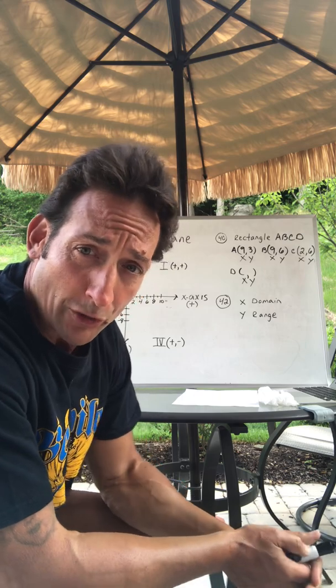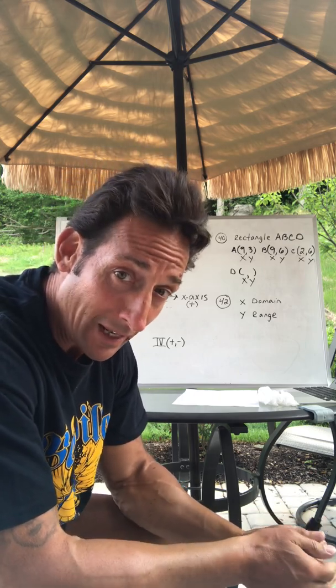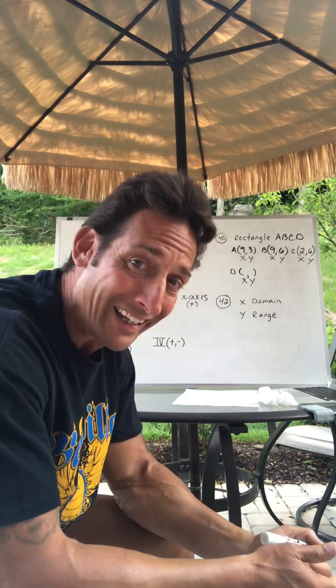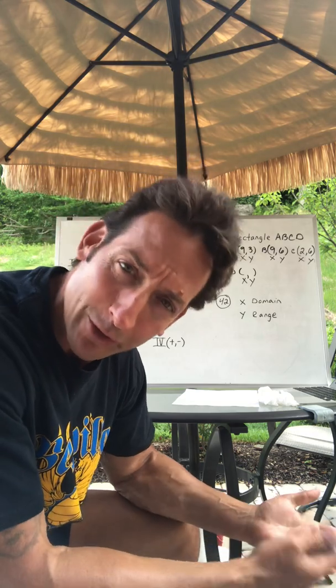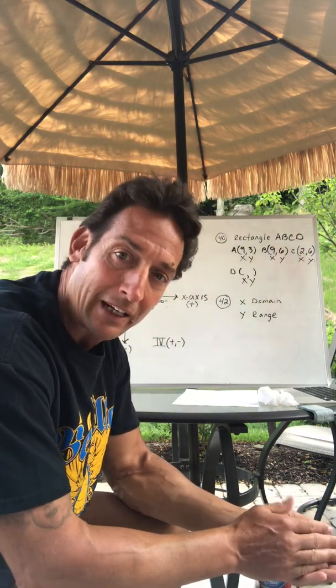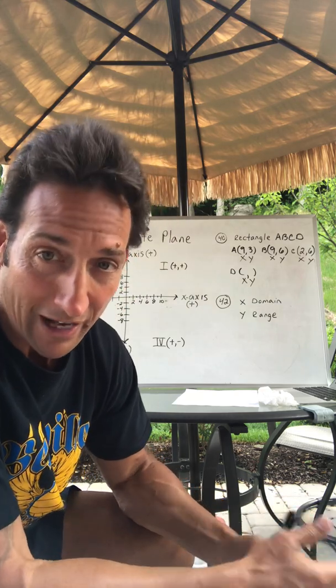When they ask you about domain and range, think DR, Dominican Republic, alphabetical order. How cool is that? Your domain or your x values, your range or your y values.